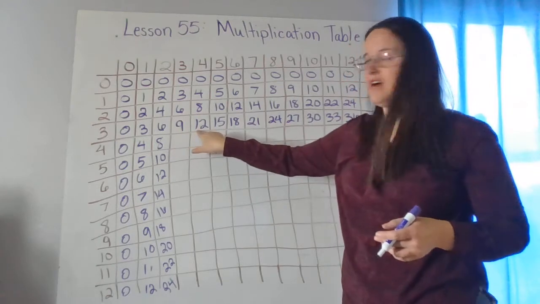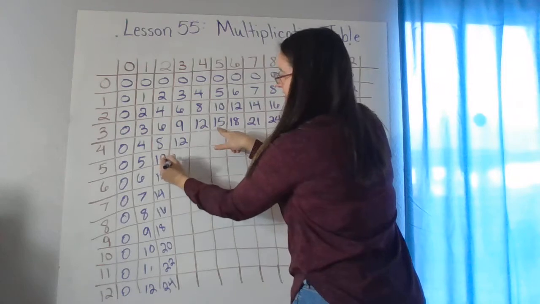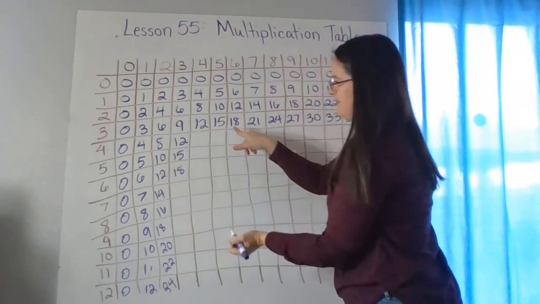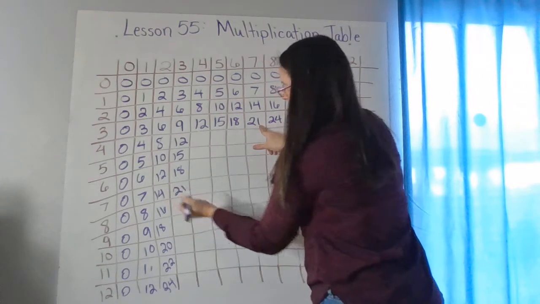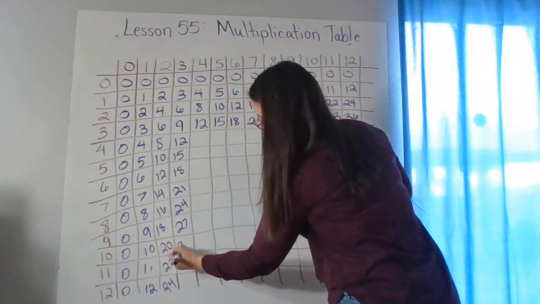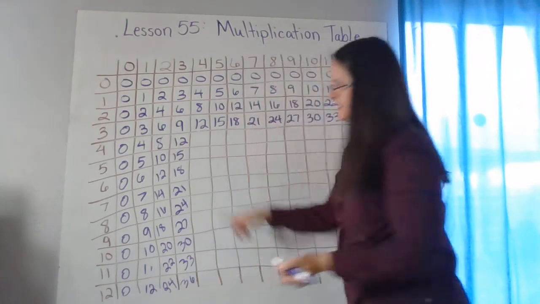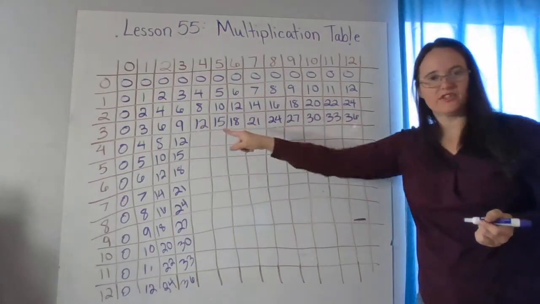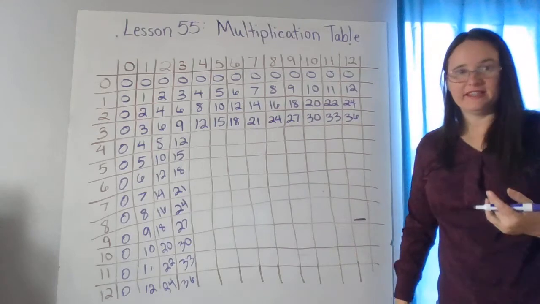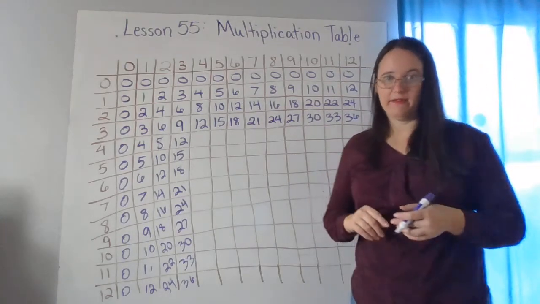I can look here and go, 12 comes after 9. 15 comes after 12. 18 comes after 15. 21, 24, 27, 30, 33, 36. So I can copy the last row that I've written as I go down and do the column. And that can be a little bit of a time saver if you find that you're not so good at counting by these numbers yet.